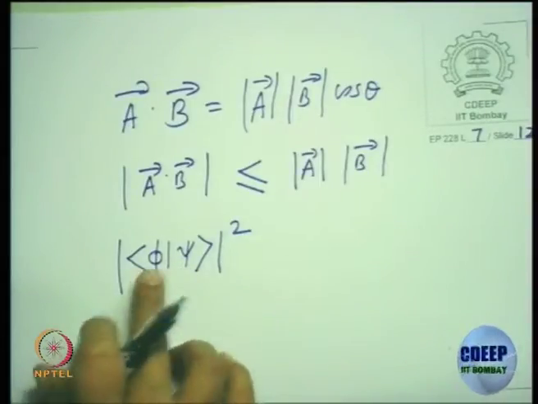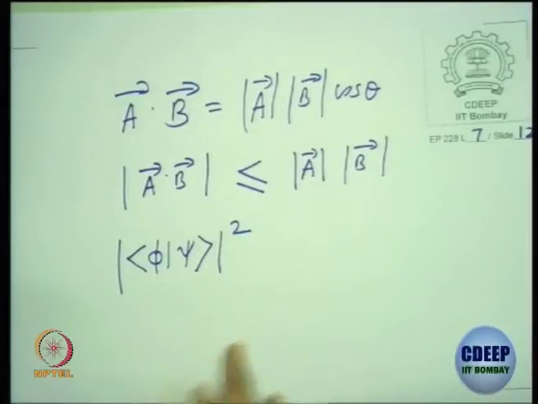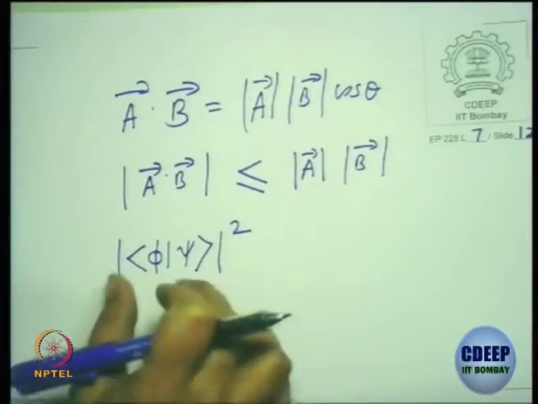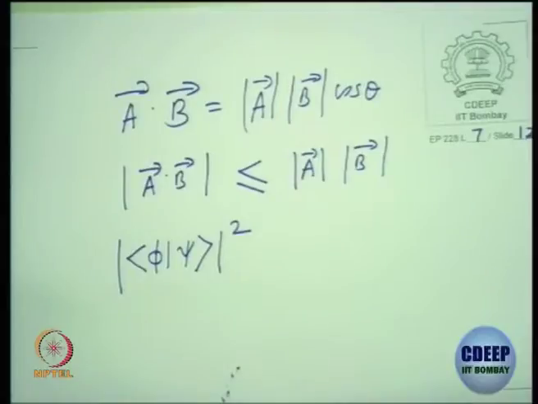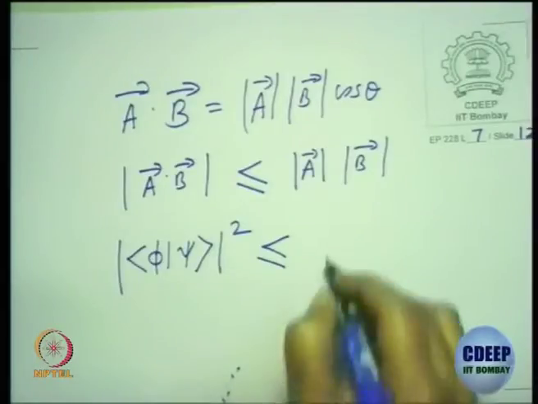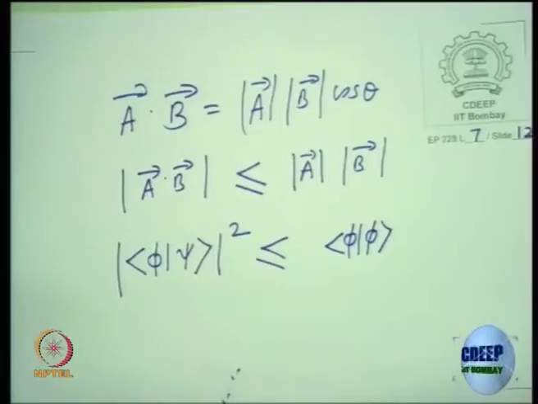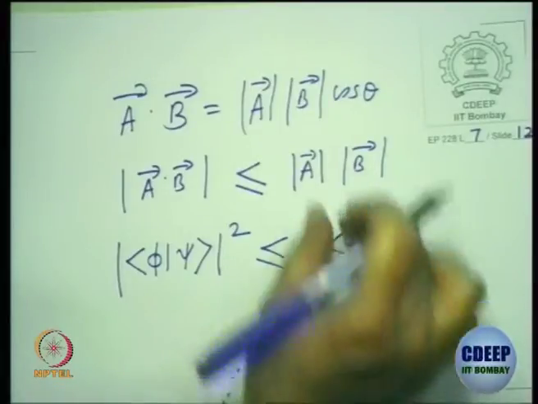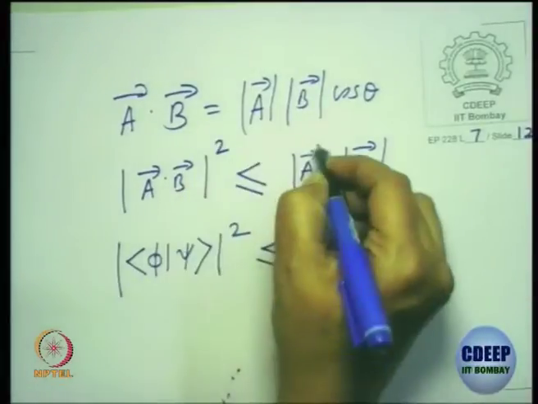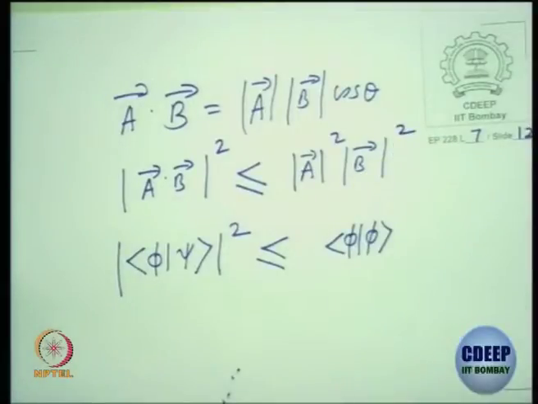The phi psi inner product is the complex conjugate of psi phi, but the mod squared of psi phi is the same, and this will be less than or equal to phi phi, which is the mod squared of it. So, I am just squaring both sides, okay, that is what I am doing.